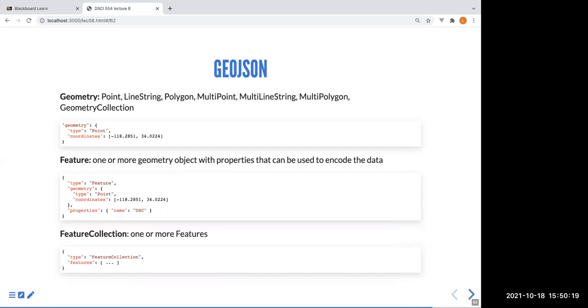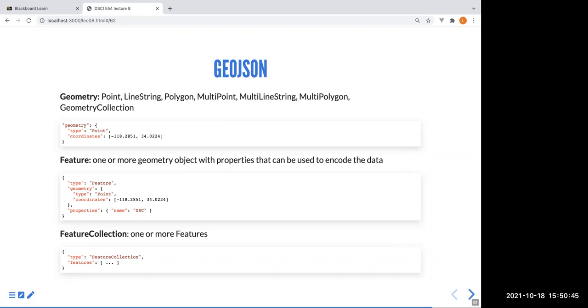And then the geometry specifies an array of coordinates. Here you see that these are in longitude, latitude. So this particular one is just an example of a point of interest that is of type point, with the coordinates.